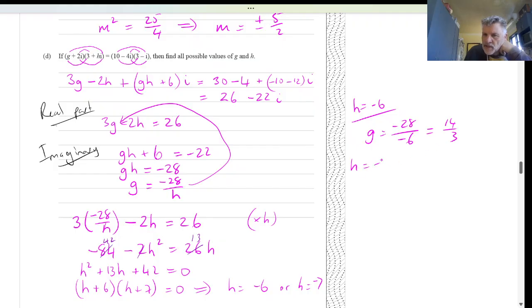And if h is equal to negative 7, we get g is equal to negative 28 over negative 7, which is 4. And that's the two solutions of the equation. The two solutions involve both the h value and the g value in each case.